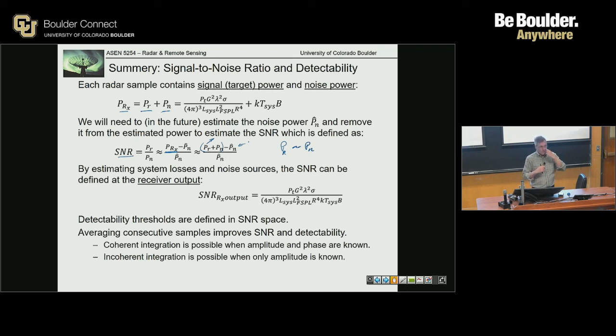Do you deal with any situations where the signal to noise ratio is negative? Yes. It's the definition of how we define the noise floor. I'm thinking more where the return signal power is less than the noise floor. Yes. Every single pulse we get back, we're going to be getting noise.